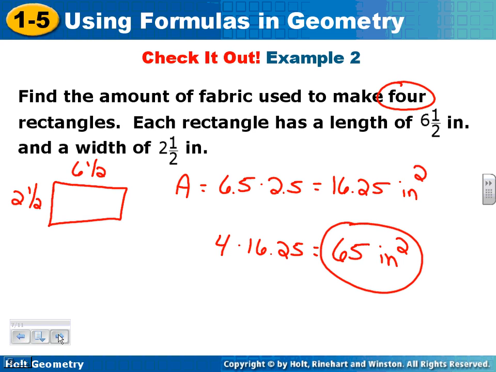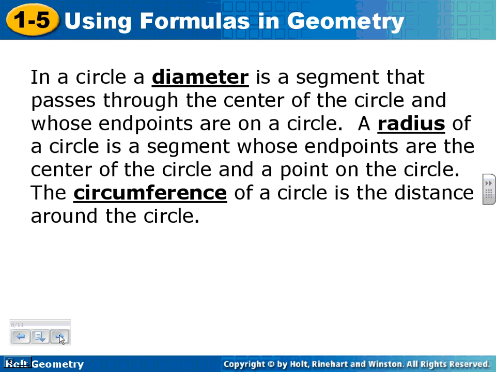Let's move on and talk about some circles. In a circle, a diameter is a segment that passes through the center of the circle, whose endpoints are on the circle. A radius of a circle is a segment whose endpoints are the center of the circle and a point on the circle.